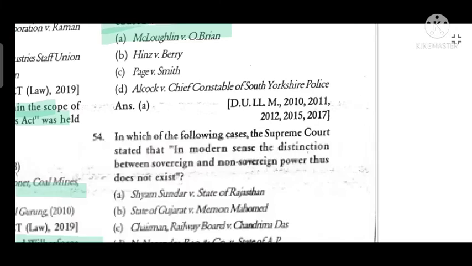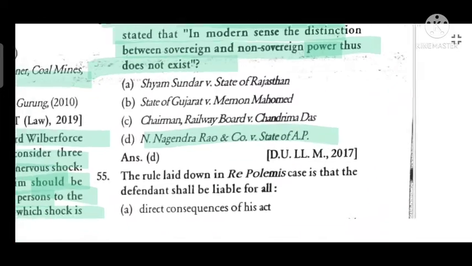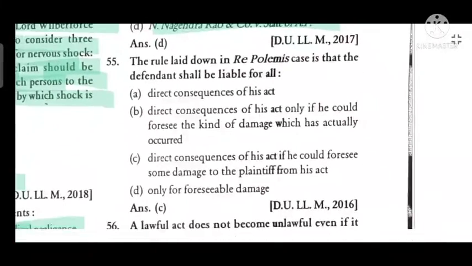McLoughlin versus O'Brien. In which one of the following cases did the Supreme Court state that in the modern sense the distinction between sovereign and non-sovereign power does not exist? N. Nagendra Rao and Company versus State of Andhra Pradesh.